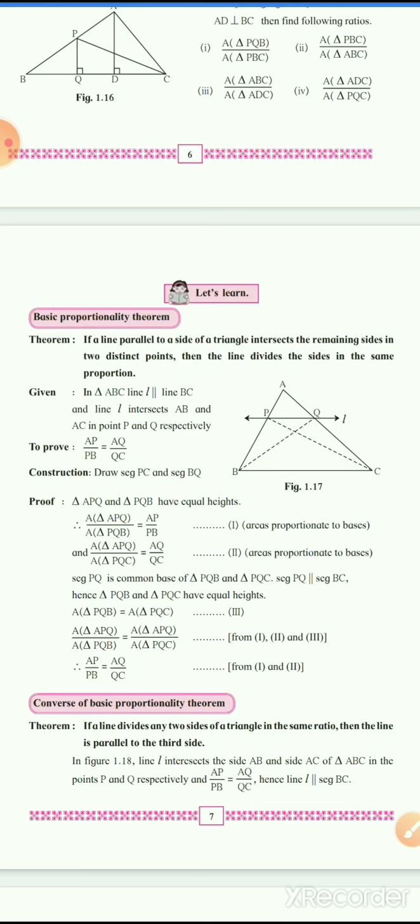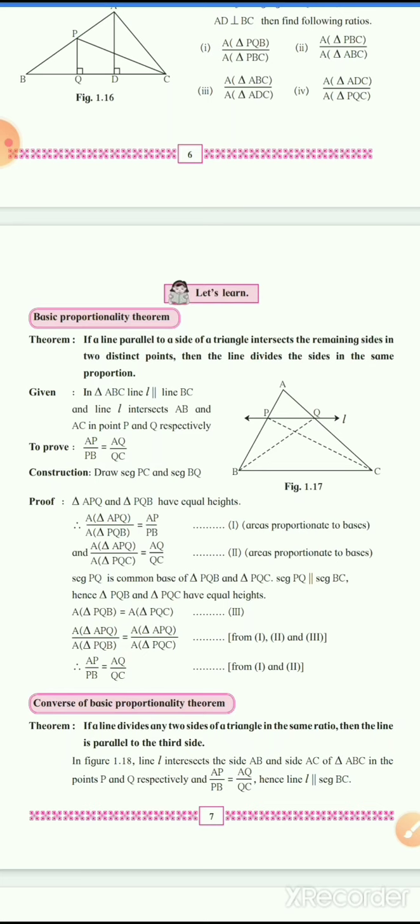Okay, now here we can see triangle PQB and triangle PQC. Let us see these two triangles. Seg PQ is common base of triangle PQB and triangle PQC. Also seg PQ, means line L, is parallel to seg BC.